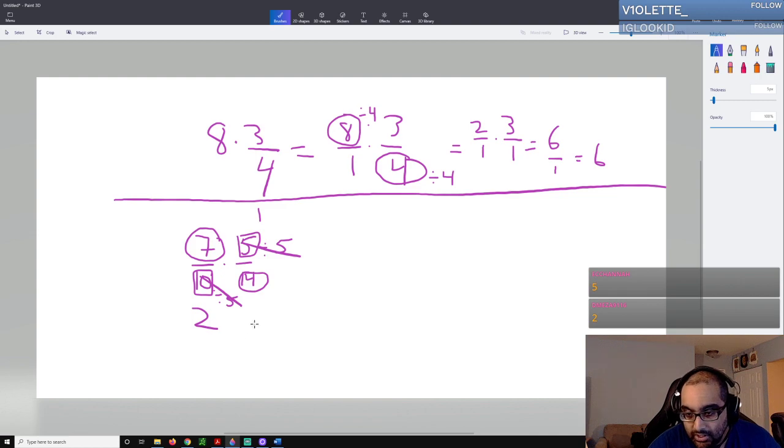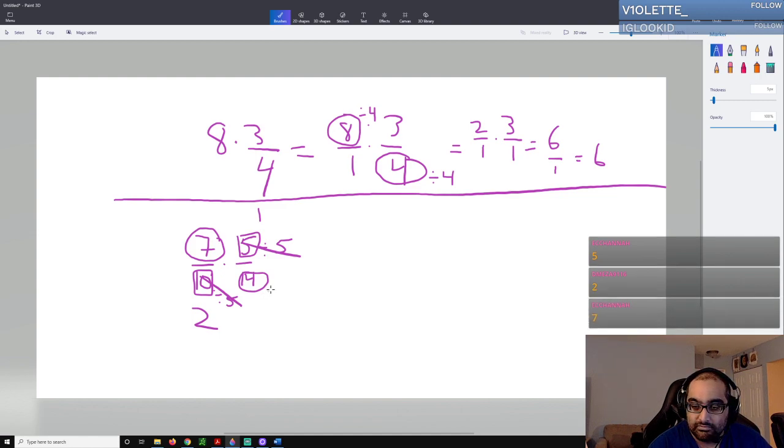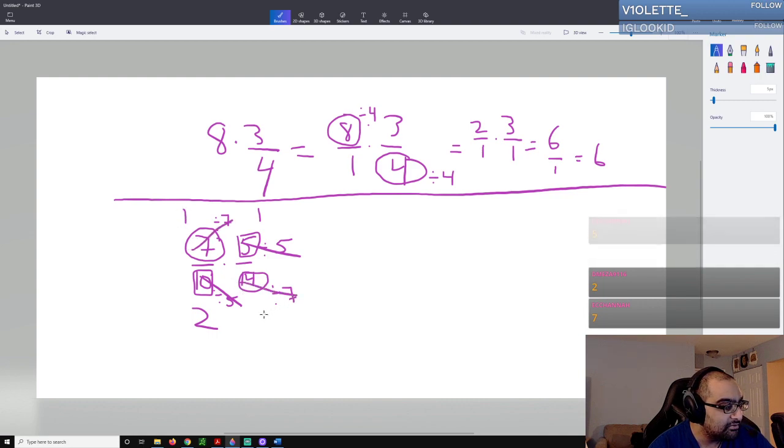How about 7 and 14? What can we divide by? 7. That's correct, right? So we have 7 divided by 7 is 1, and 14 divided by 7 is 2.